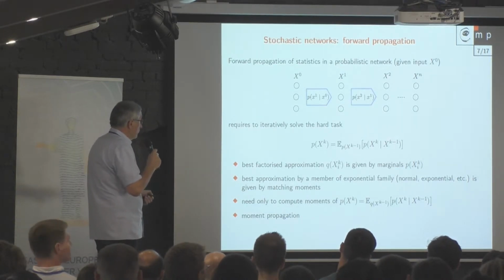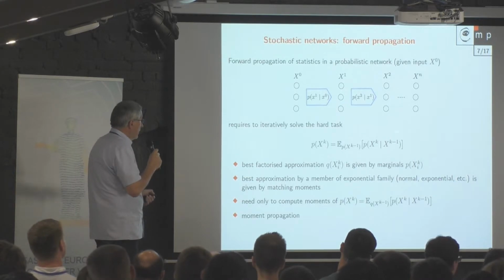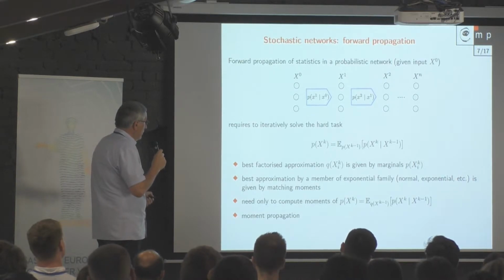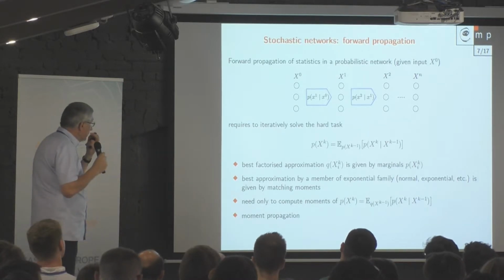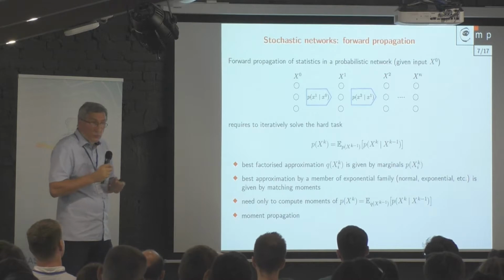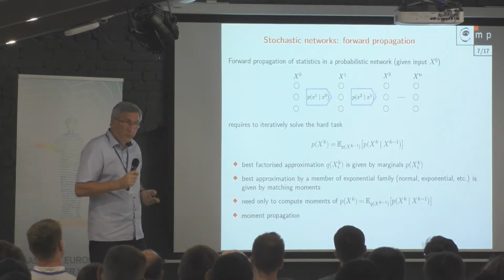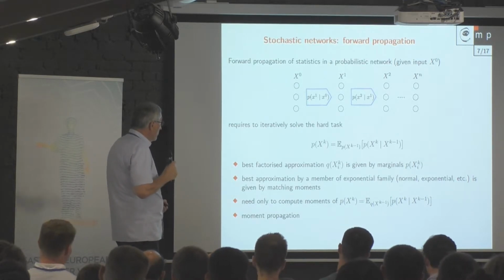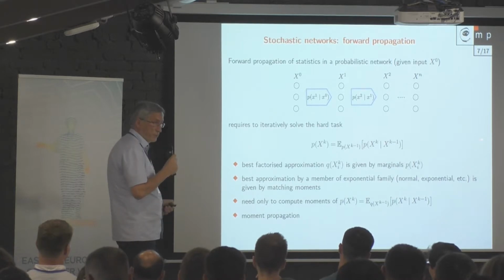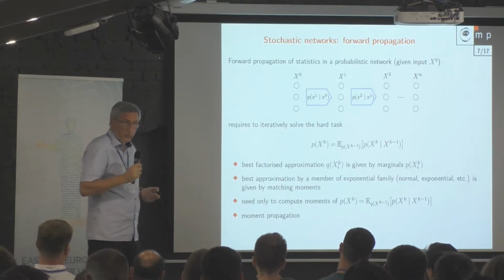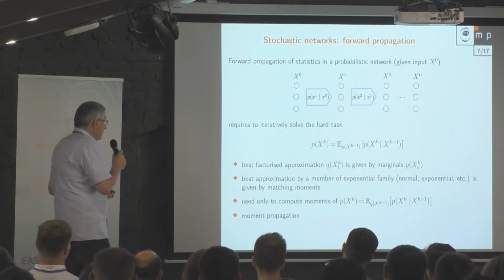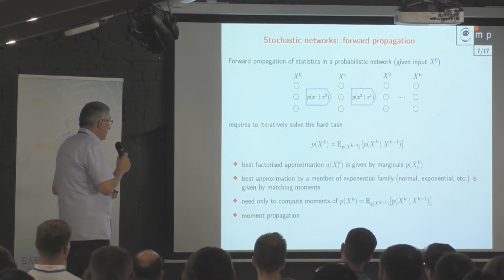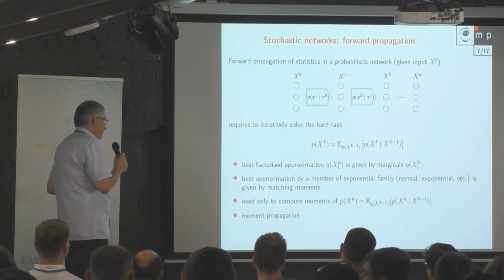You suppose you know the probabilities of the outputs in the previous layer, then you have to average over them what is this conditional distribution here. And this task is hard, because usually you have many neurons in the layer, so the number of configurations you have to sum over here is exponential. So you cannot do it right away. So we need some approximations.